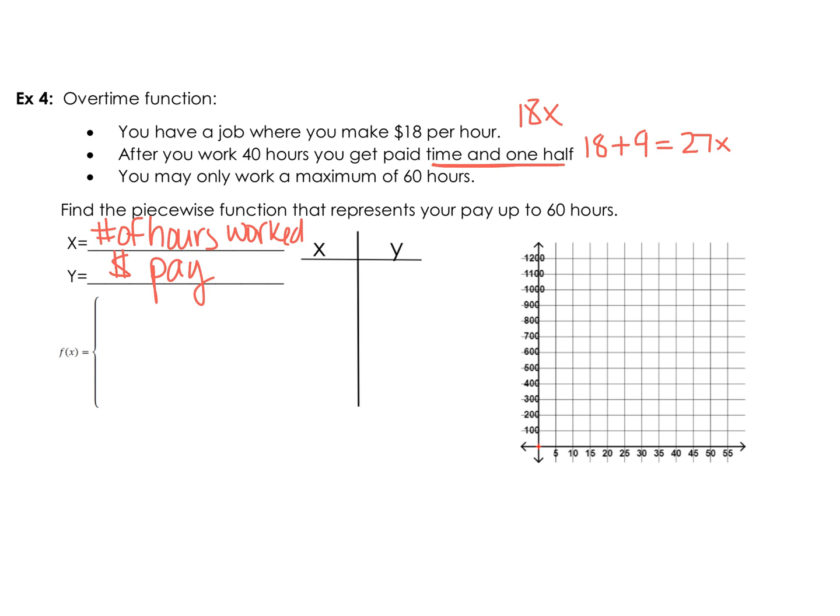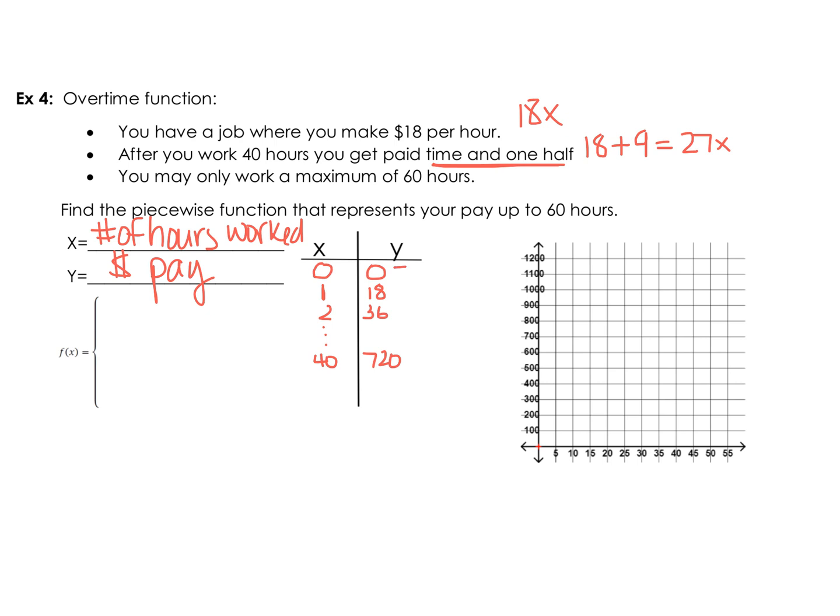So if you work 0 hours, obviously you're going to get paid 0. But then if you work 1 hour, you're just getting paid that $18. If you work 2 hours, you get paid another $18, so that would be 36. So this is going to continue all the way up to 40. 40 hours a week, if you multiply 40 times 18, that means you're going to get $720.